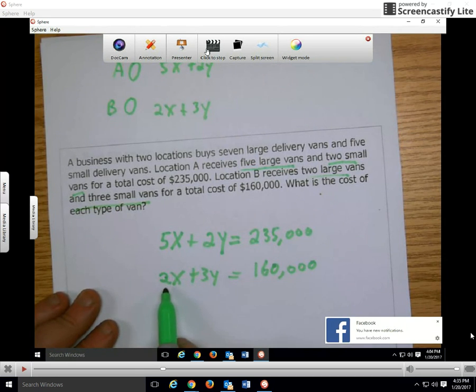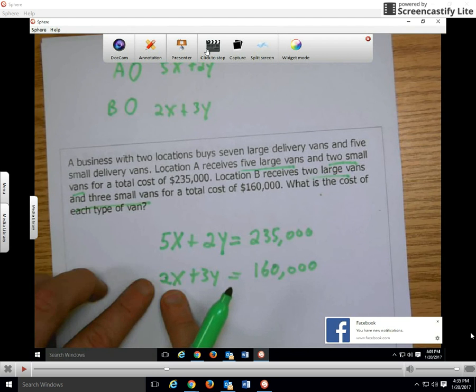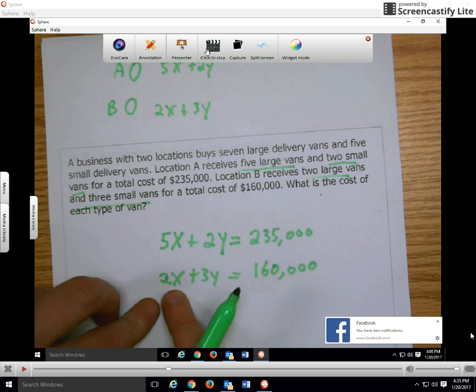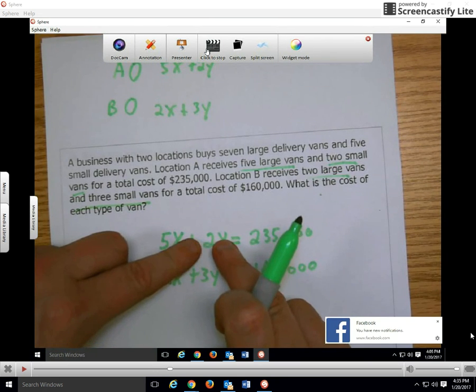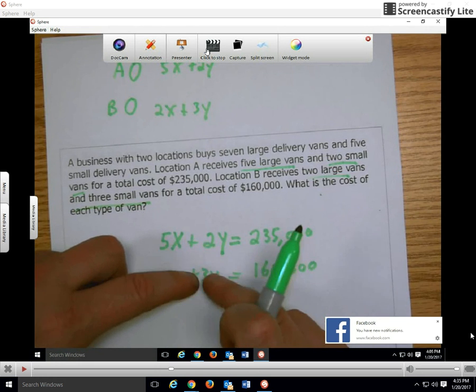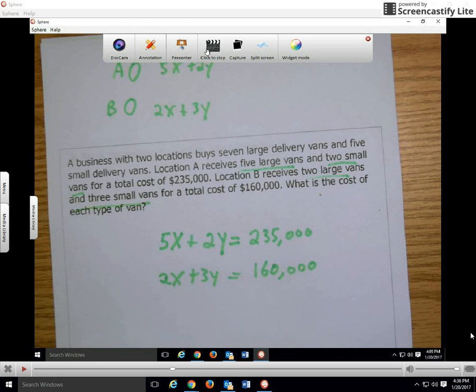I mean, I could do a 2.5, I suppose, but there's not one whole number I can multiply this bottom one by to turn this 2 into a negative 5. And I can't turn this 2 into a negative 3 by multiplying by any one number. So it looks like we're kind of at an impasse here.